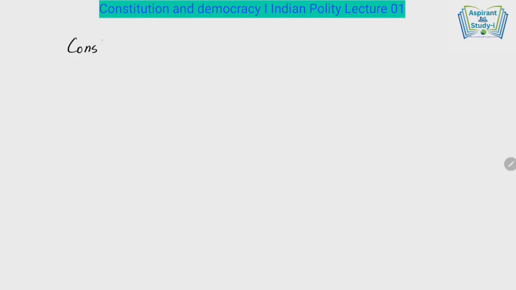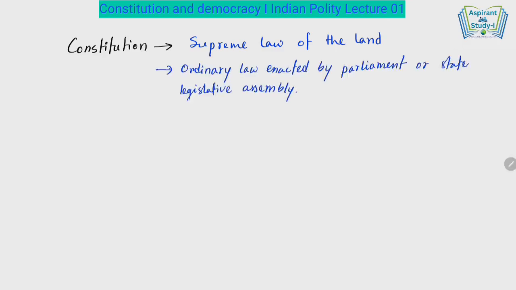So, what is constitution? Constitution is the supreme law of the land, or we can say ordinary law enacted by parliament or state legislative assembly, and the parliament and state legislative assembly are subordinate to the constitution.